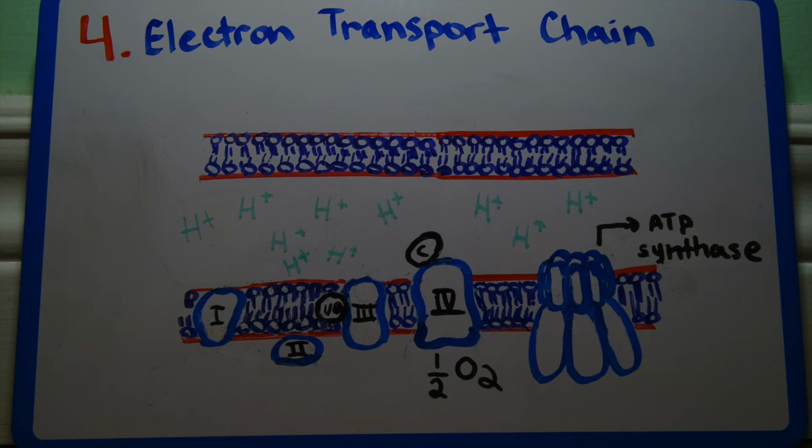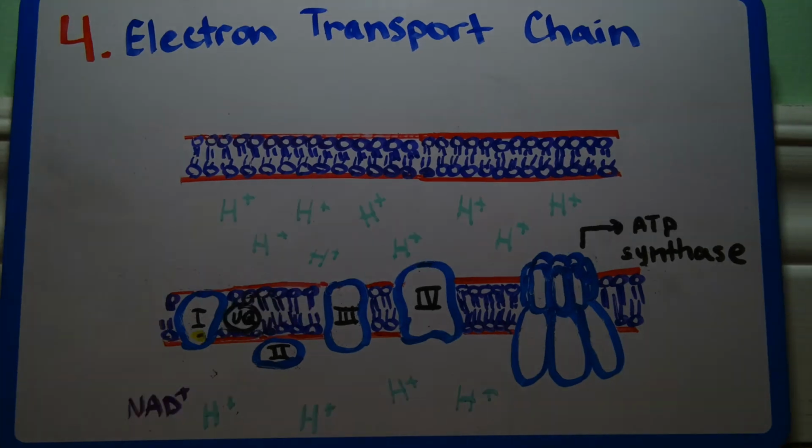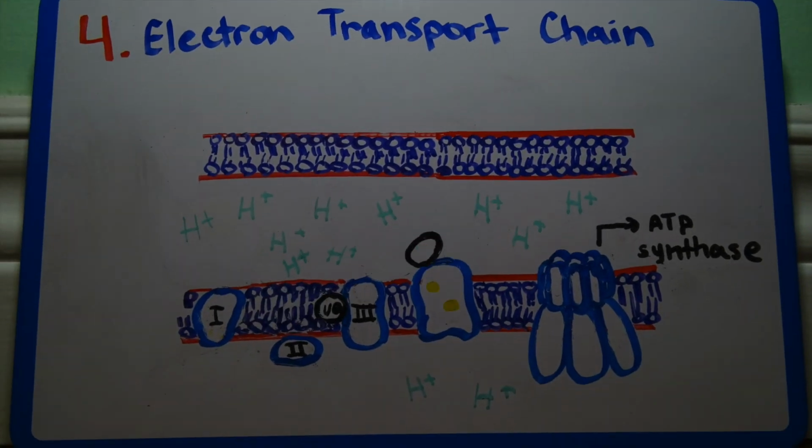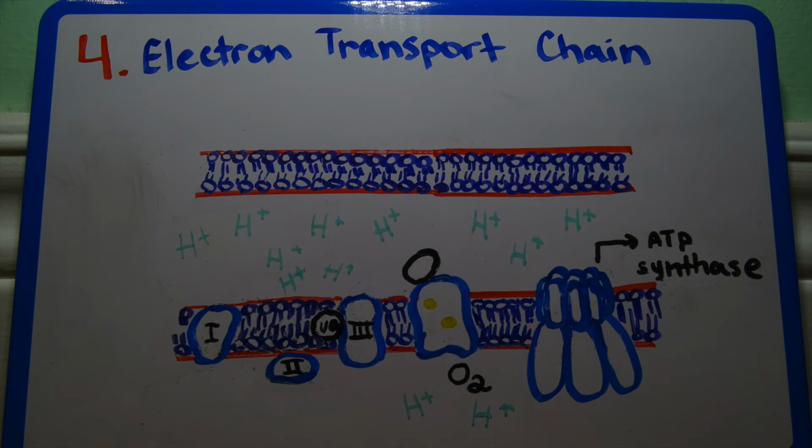This happens because of the increase in electronegativity among the complexes. Each complex is more electronegative than the last, until it reaches the final electron acceptor, which is the most electronegative of them all, oxygen, or O2. This system happens almost instantaneously because of electronegativity. Since oxygen is more electronegative than complex 4, it will pull away the electrons.